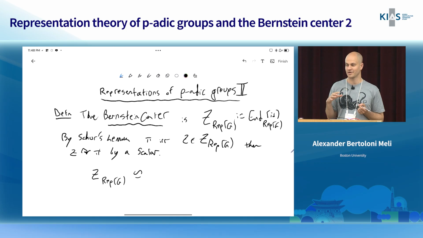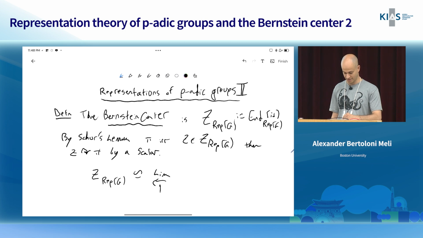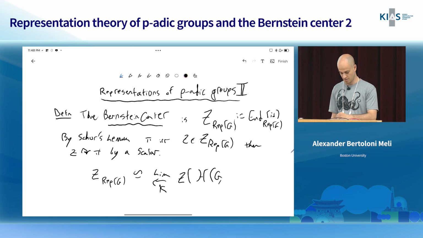So our category is not R modules because this Hecke algebra isn't really a ring. But it is a limit of rings, and so the analogous thing that you might hope is true is that this center is formally some inverse limit of centers of these guys.